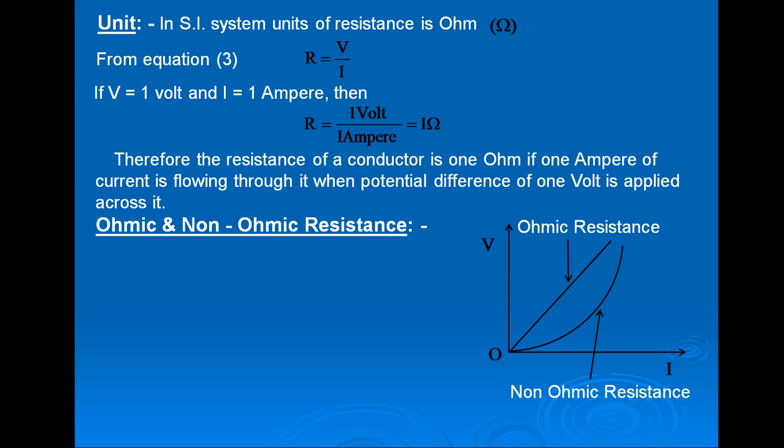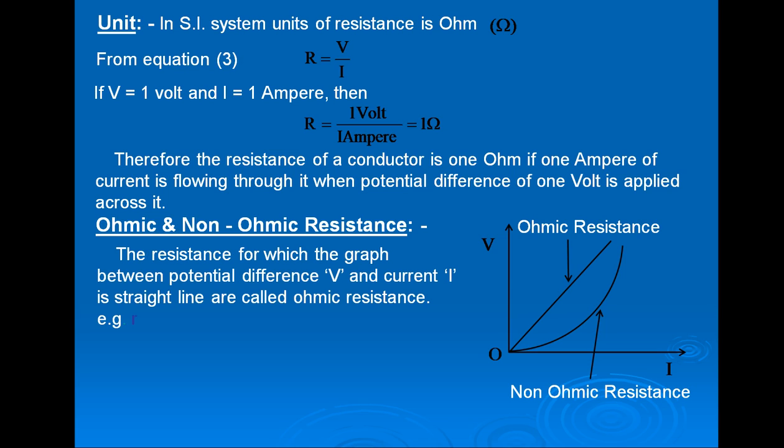Now ohmic and non-ohmic resistances. The resistance for which the graph between potential difference V and current I is a straight line is called ohmic resistance, or the resistance which obeys Ohm's law is called ohmic resistance. For example, resistance of metals.